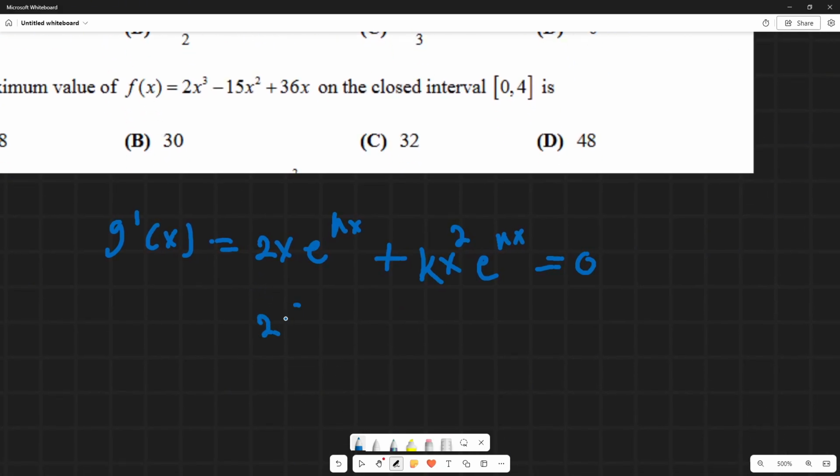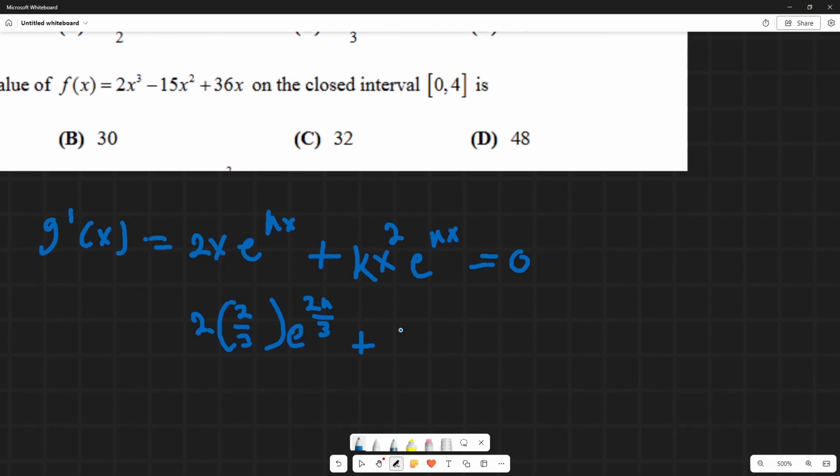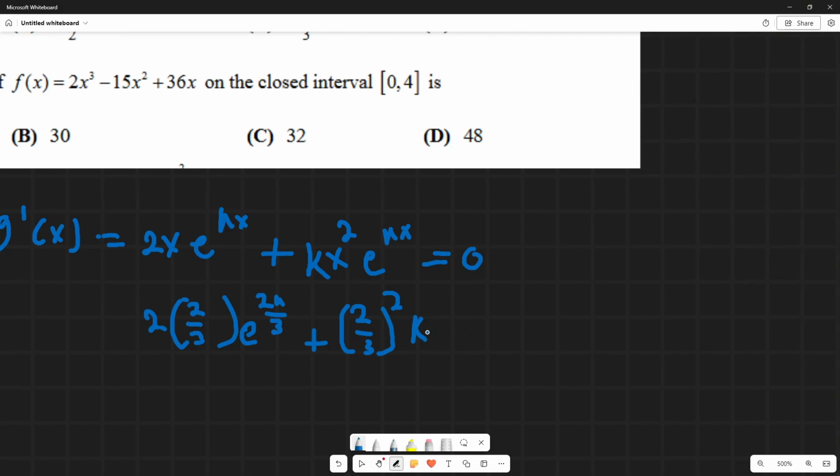So you get 2 thirds e to the 2k over 3 plus 2 thirds squared k e to the 2k over 3 equals 0.